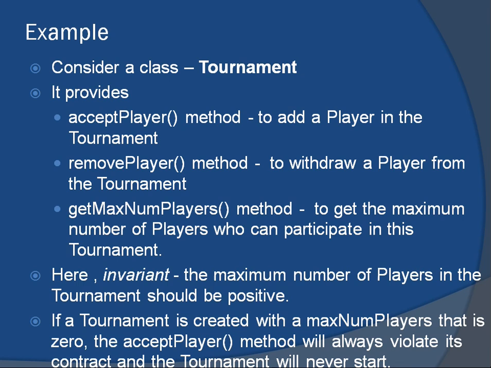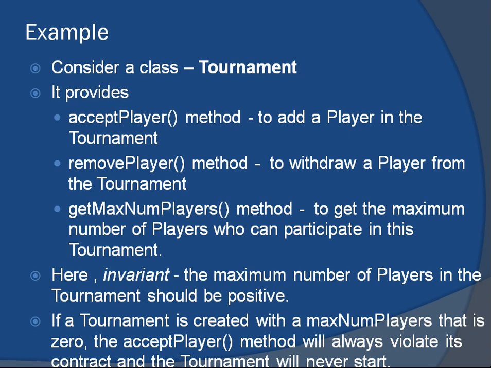Looking at this example, the invariant is that the maximum number of players in the tournament should be positive. Invariant is the condition that we are placing. The maximum number of players should be a positive integer. It should not be negative. If a tournament is created with a max num player of 0, the accept player method will always violate its contract and the tournament will never start.